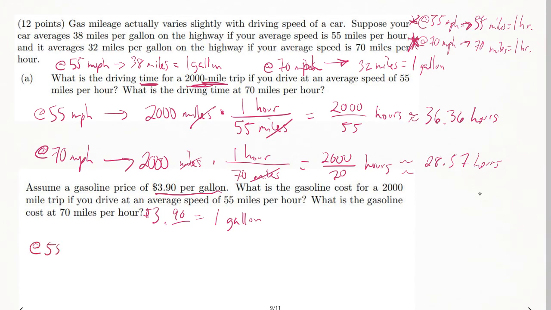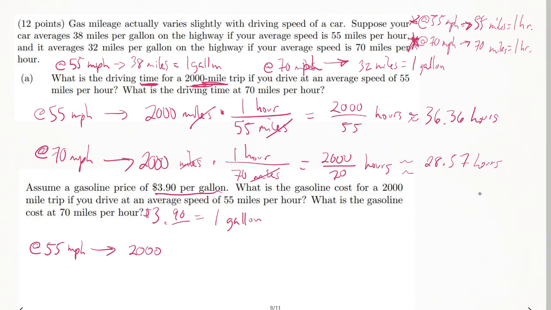At 55 miles per hour, what happens? Well, you have a 2,000 mile trip, and we want to turn this into dollars, right? What does the gasoline cost? But in order to turn it to dollars, notice we need gallons somewhere along the way.